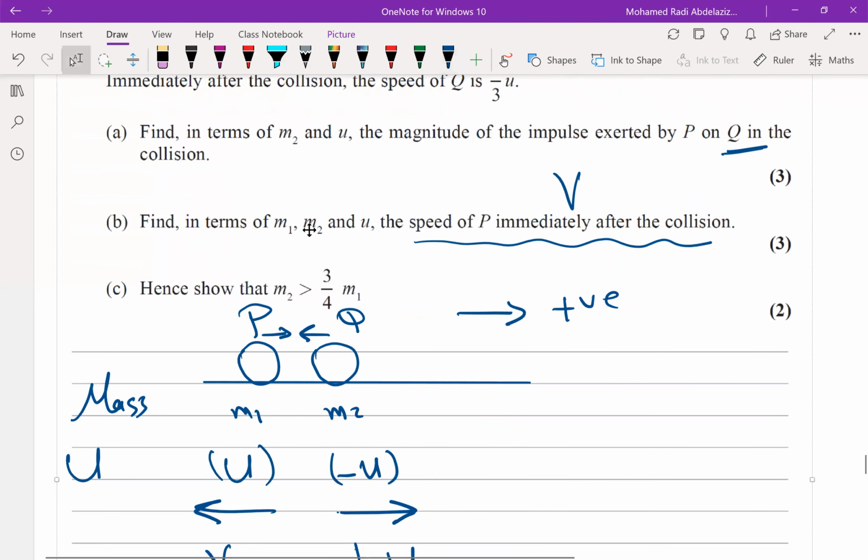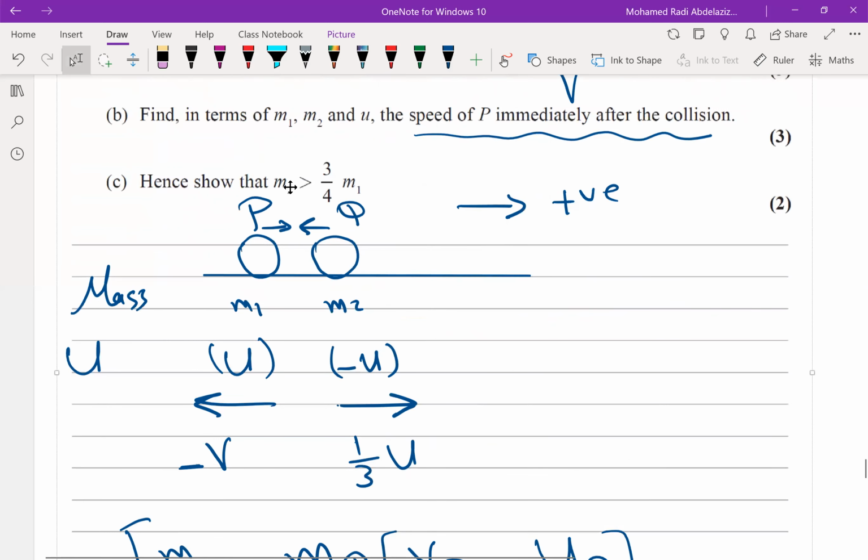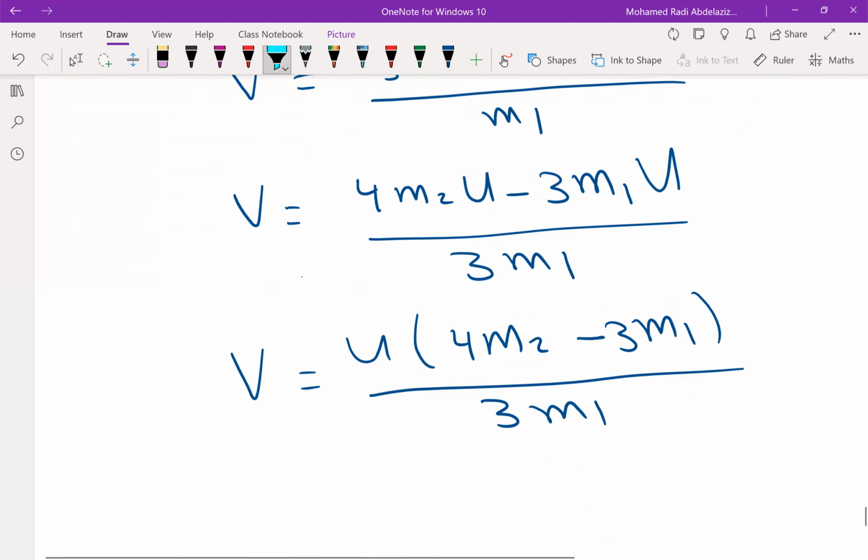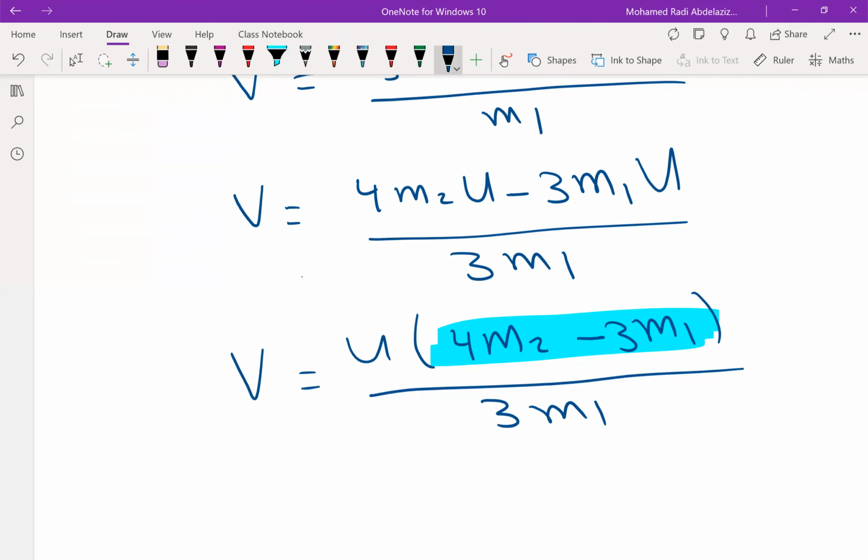Asked to find, in terms of M1, M2, and u, the speed of P immediately after the collision. Hence, show that M2 is more than 3/4 M1. From the result found, this value has to be positive because we already substituted from the beginning that V is negative. You can switch and write only V and use this part to be negative.